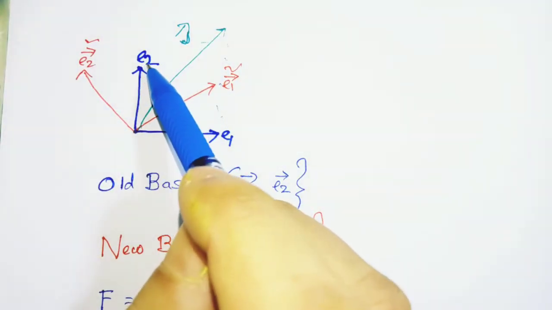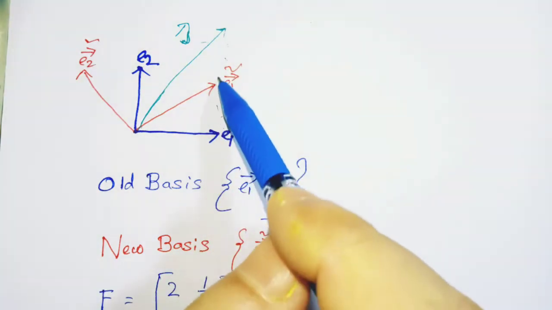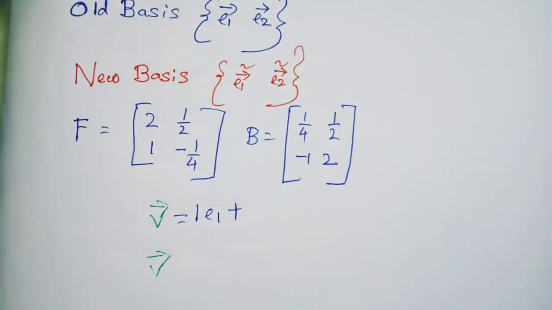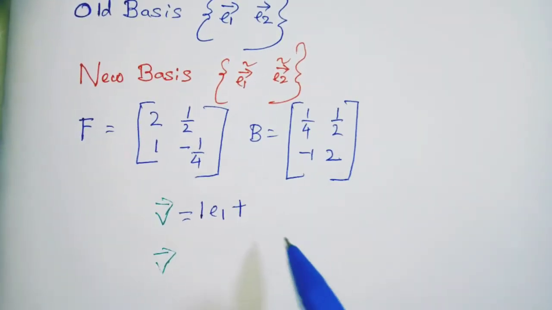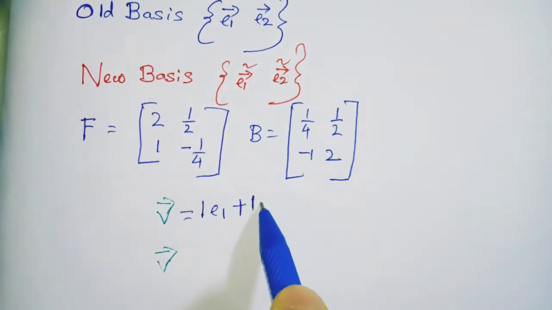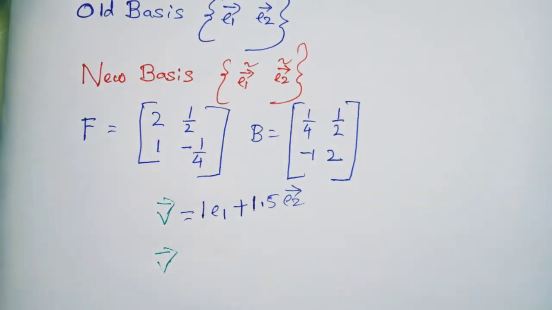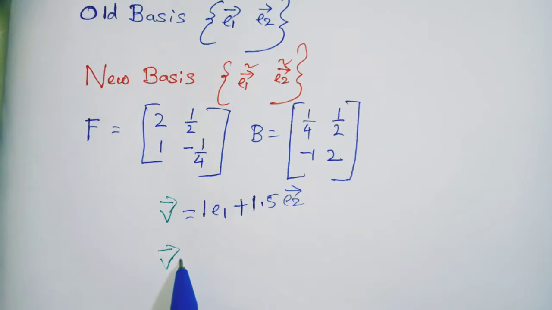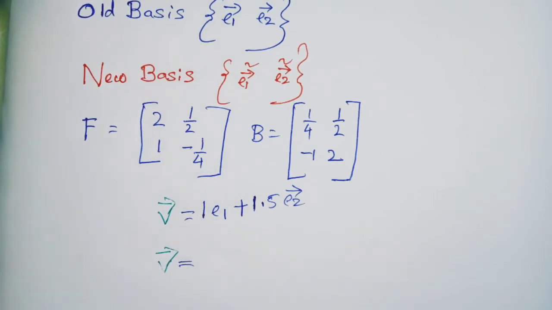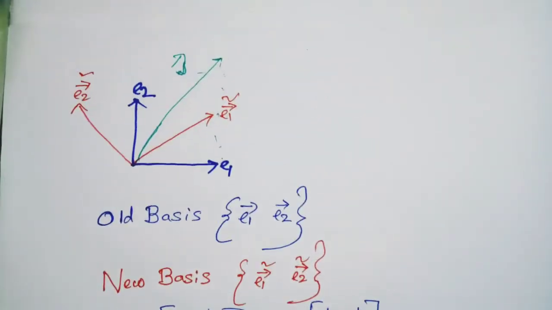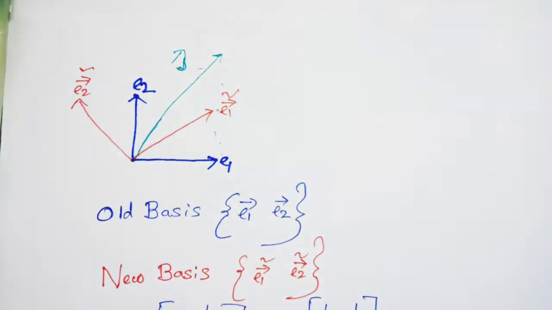So I need around 1.5 of E2, 1 and 1.5. So I write here plus 1.5 E2, right? And for this one vector, how much of E1 tilde do we need? We need 1 unit of E1 tilde, which is basically this part. So I need a complete E1 tilde.